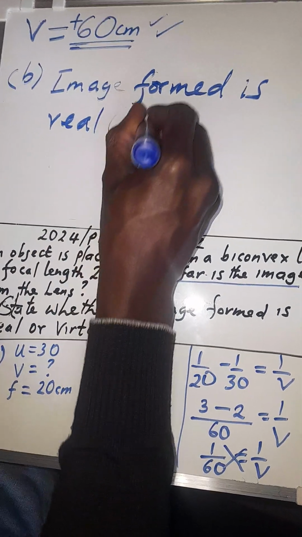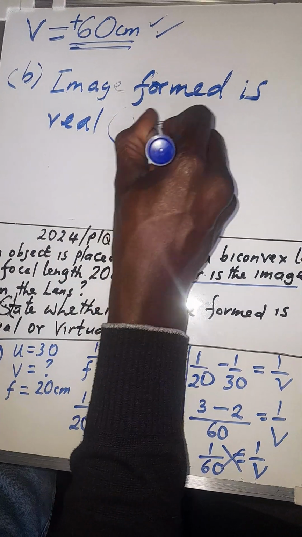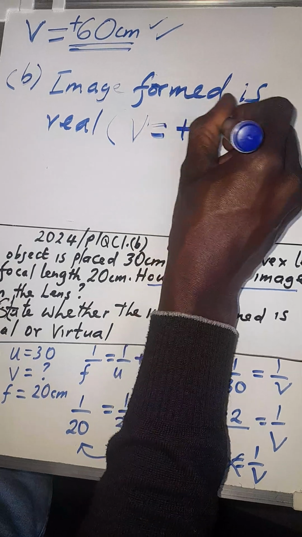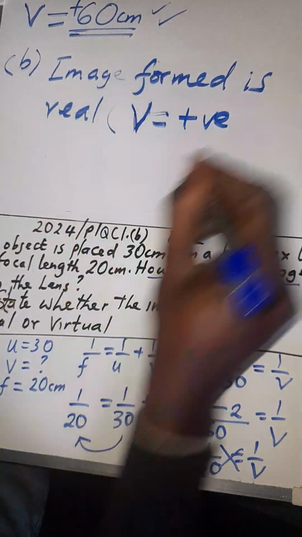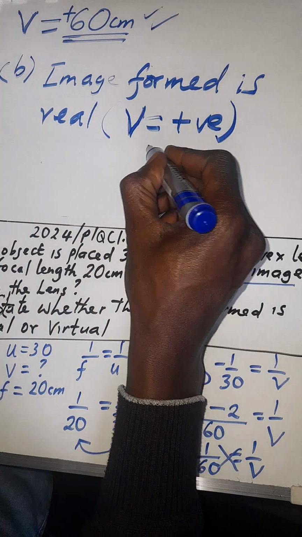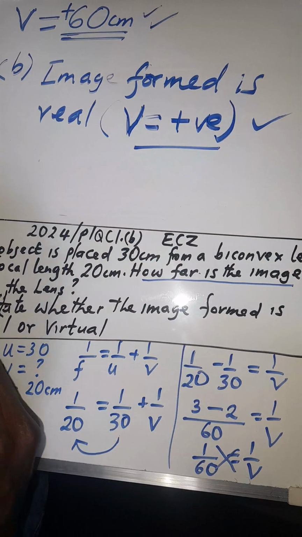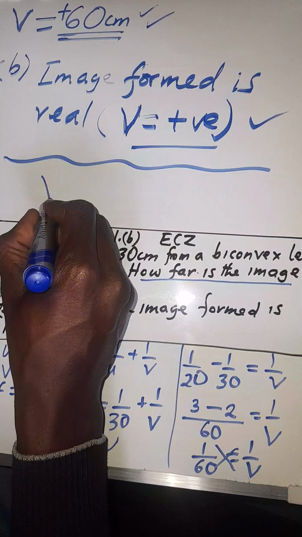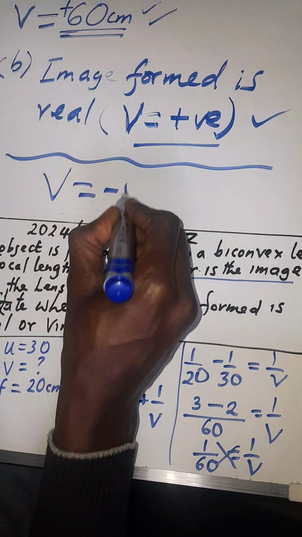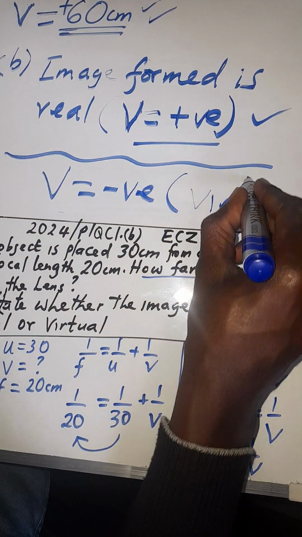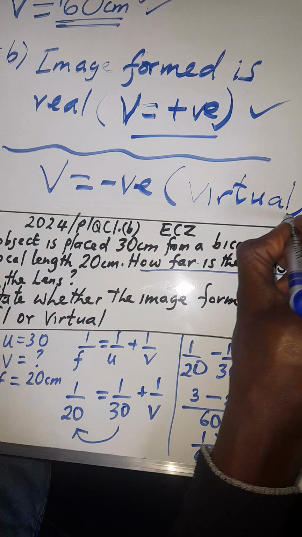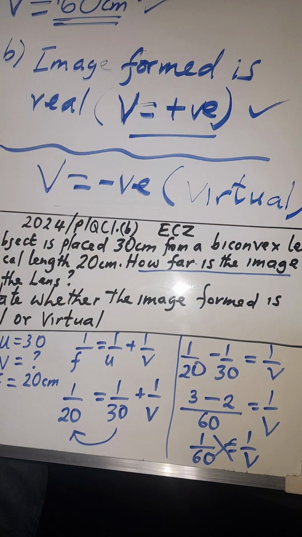Why? Because V is positive. But if V, the image distance, was negative, it would mean the image is virtual, not real, meaning it cannot be formed on the screen.